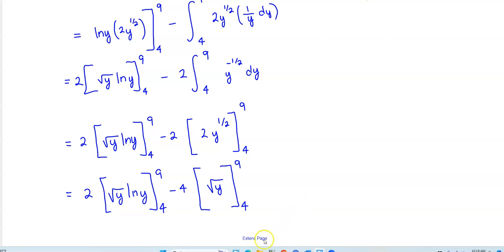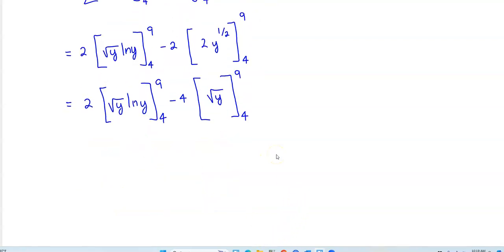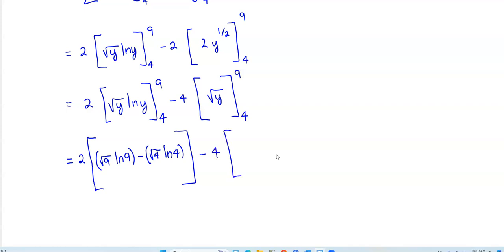Okay, so now we're going to go ahead and evaluate. So we have 2, and then we have parentheses, the square root of 9 times the natural log of 9 minus the square root of 4 times the natural log of 4, minus 4 times the square root of 9 minus the square root of 4.